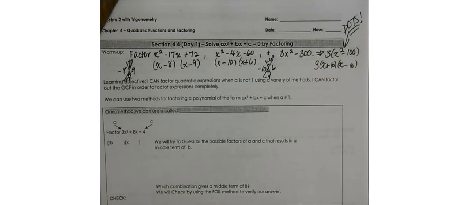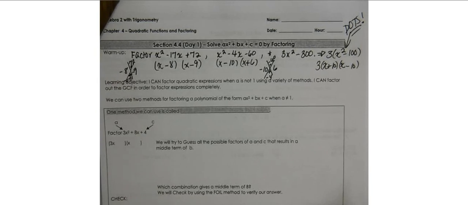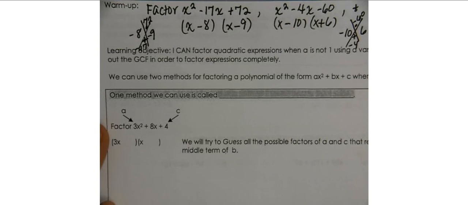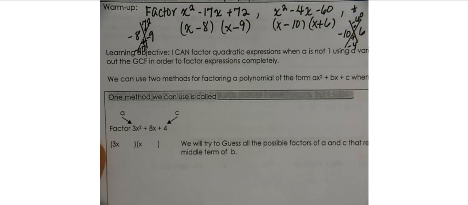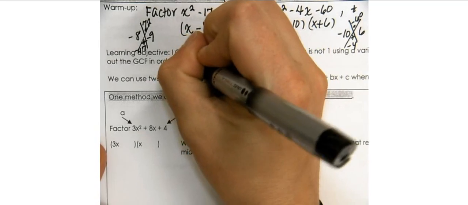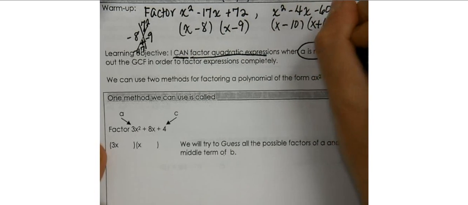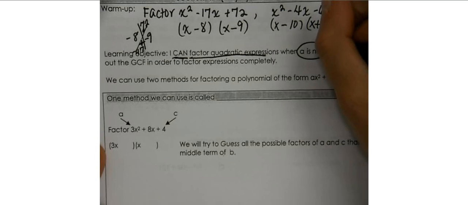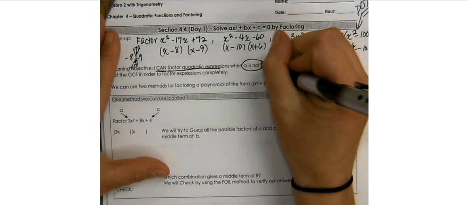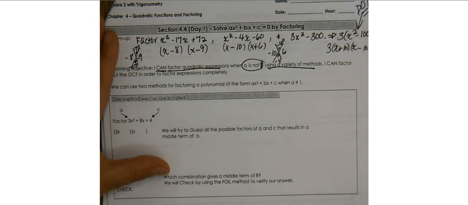But now we're going to change the game a little bit by making our a value no longer 1. So that's our learning objective for today. I want you to be able to say that I can factor quadratic expressions when a is not 1, using a variety of methods. So there's quite a few methods and approaches for factoring.